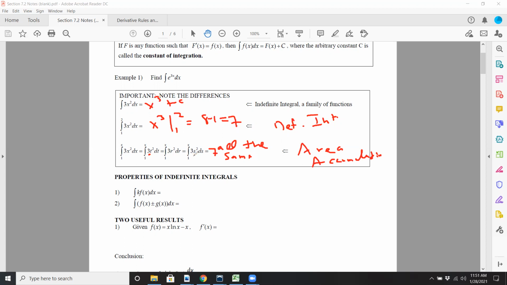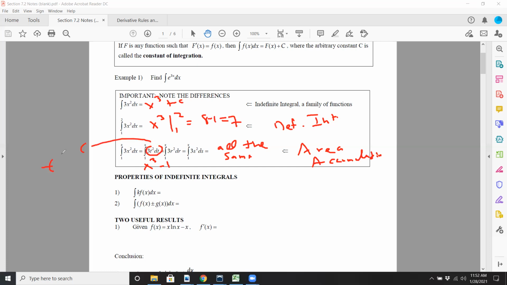Actually, sorry. They're not going to equal 7. That's when you had 2 as the upper limit. My bad. You just had x here. If you were to work it out, they all get you x cubed minus 1, I believe. Yeah, because you're just integrating each of these.